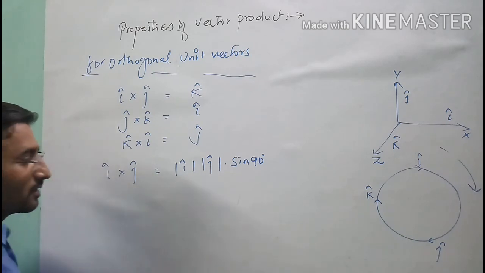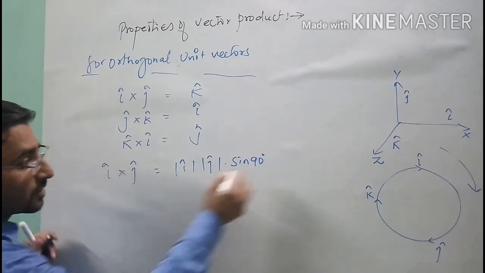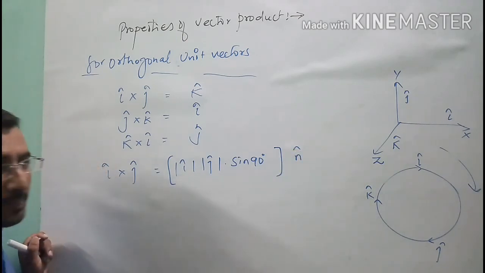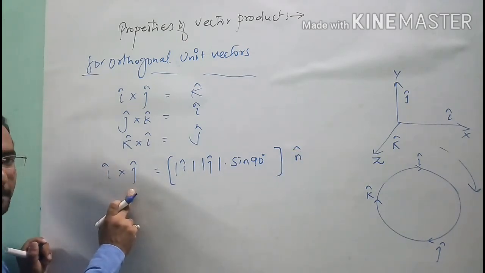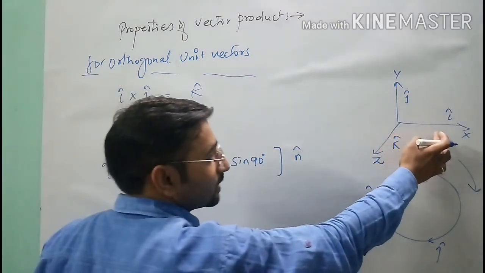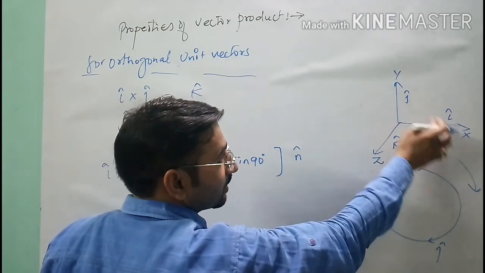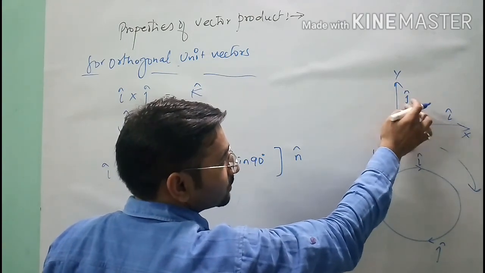And after that, here we are dealing with the cross product, so we need a direction which is noted by, suppose, n cap, which is normal to i cap and j cap. So tell me which vector is normal to both i cap and j cap.